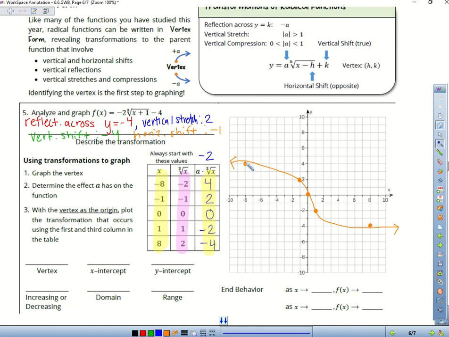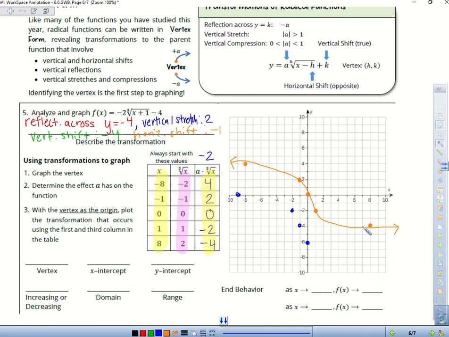So we're going to go left 1 unit, down 1, 2, 3, 4. Left 1, down 1, 2, 3, 4. Yeah, how do you know which shift to do first, like the vertical or the horizontal? Good question.